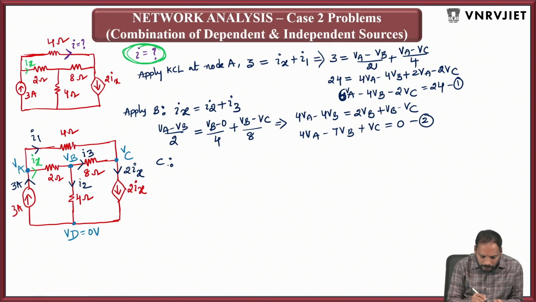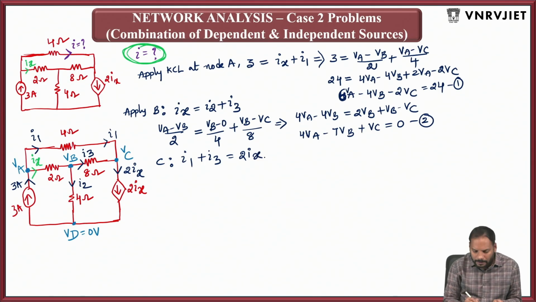Apply the KCL. Applying the KCL, one current I1 is coming this way, right? So entering current is I1, plus I3 entering, is equal to 2Ix. These are leaving. So I1 plus I3 equals 2Ix. Now let me write I1 and I3 in terms of nodal voltages. So what is I1?